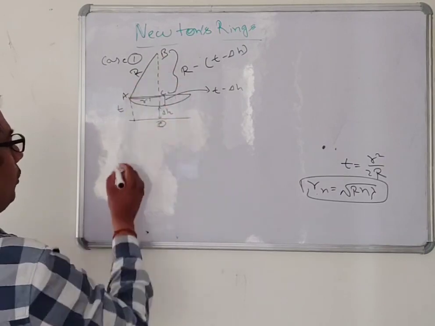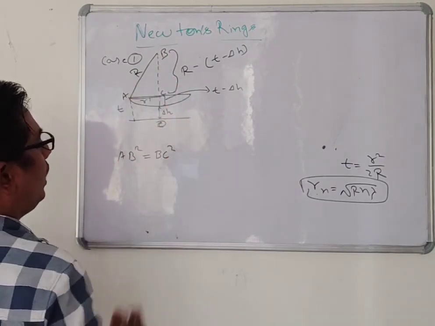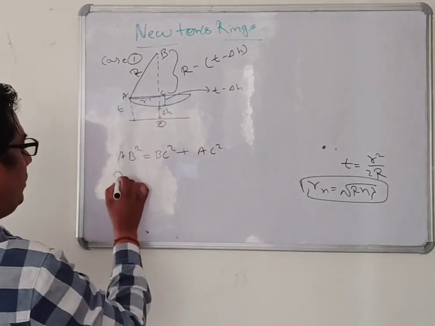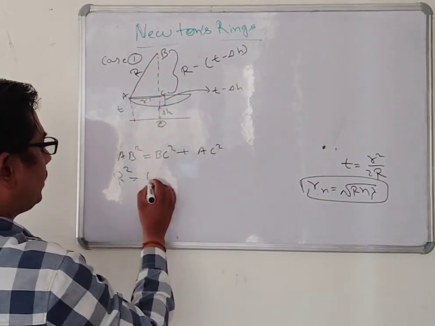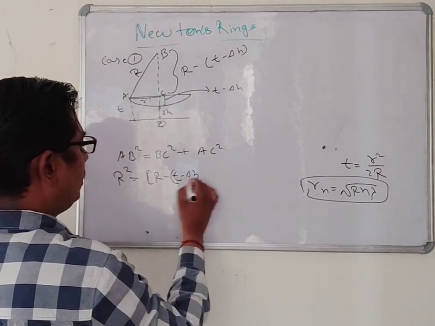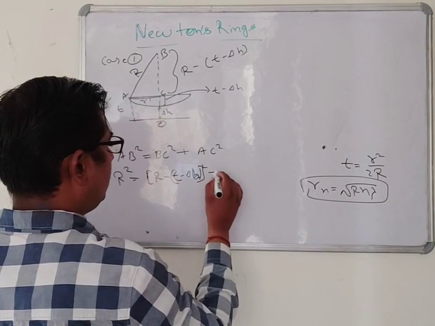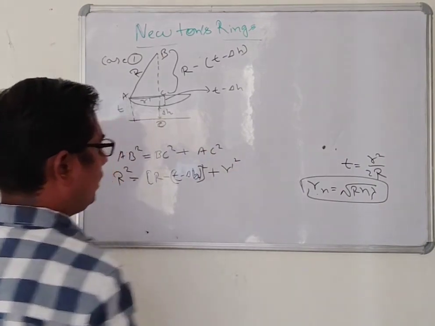Now using the Pythagoras theorem, AB square is equal to BC square plus AC square. AB square means R square. BC square is R minus T minus delta H, whole square, and AC is R dash, square.